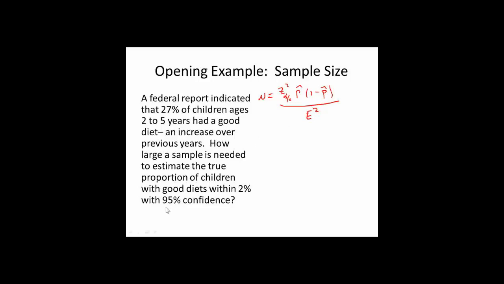So for a 95% confidence interval, we know that z alpha over 2 from previous work is 1.96 squared. P hat, well, that's the proportion that was used a few years ago, so we'll put in 0.27, and then it's 1 minus p hat, so 1 minus 0.27, and all this is going to be divided by 0.02 squared.